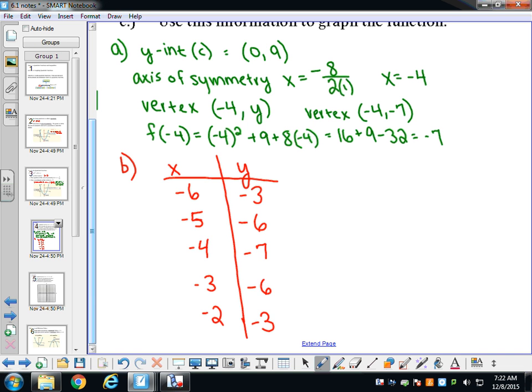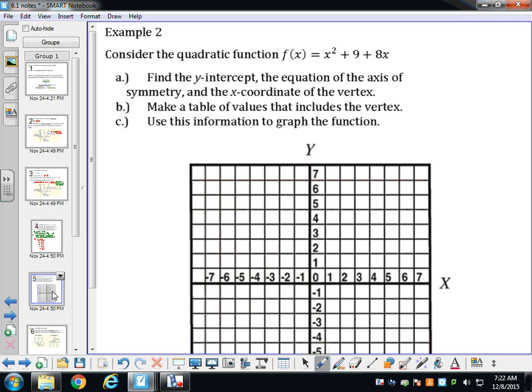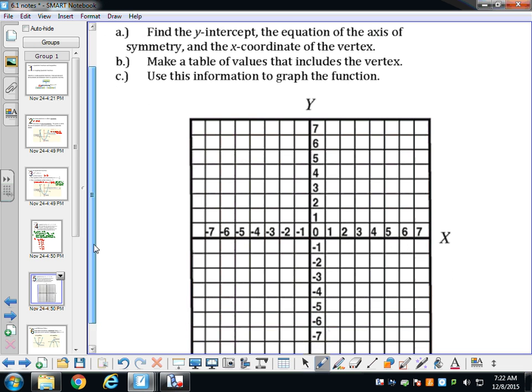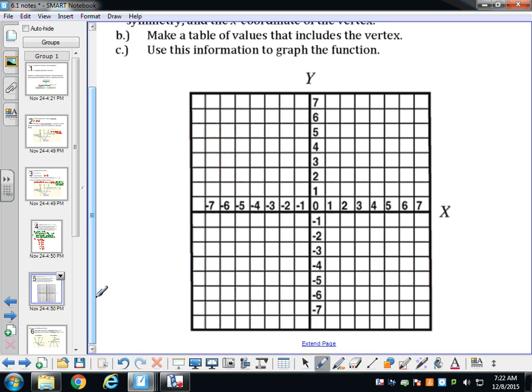Now I can simply plot those points on my graph. So negative 6, negative 3. And then just sketch the best you can, kind of connecting your dots.